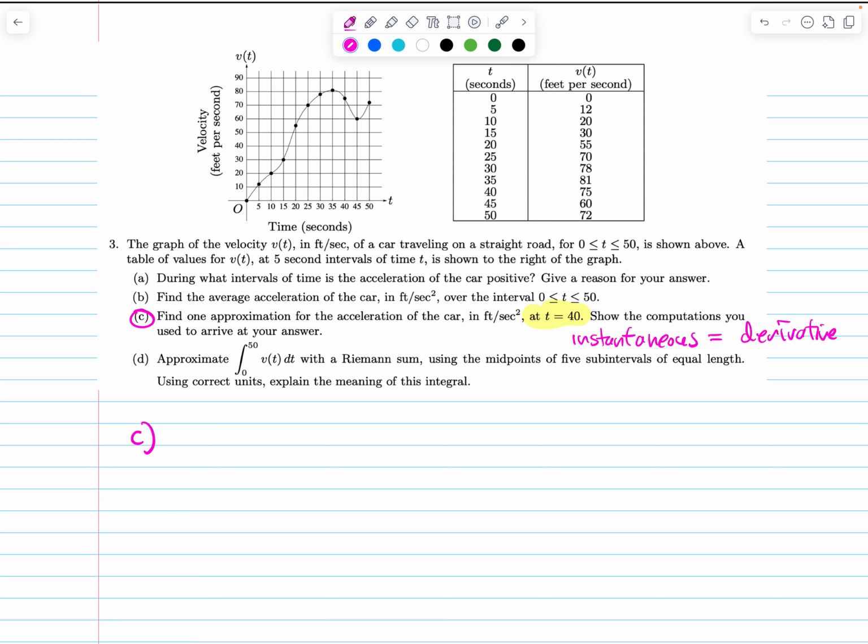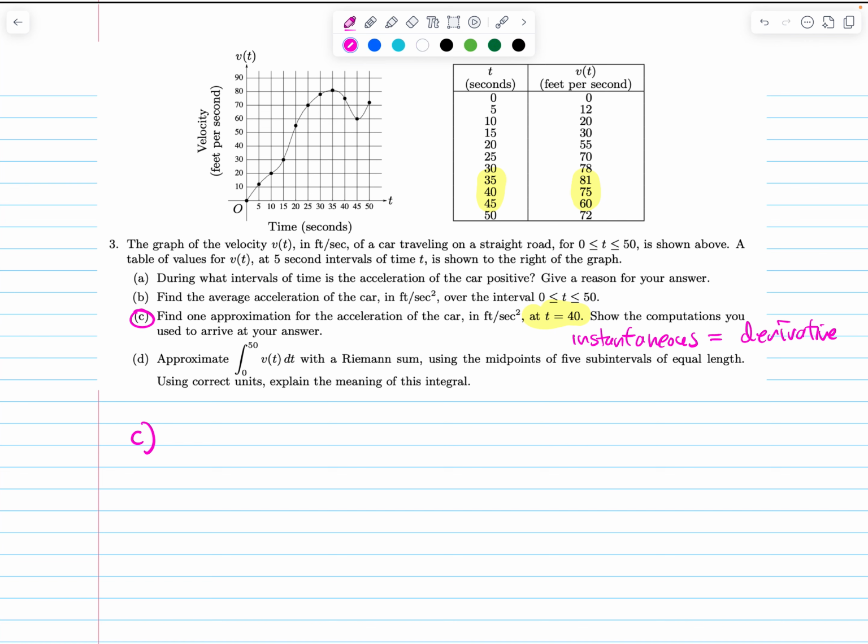To find out what's happening at t equals 40 when you don't have an actual equation to derive, you can't take the derivative and plug 40 in. We have to look at the points around 40. And there's two general strategies here.